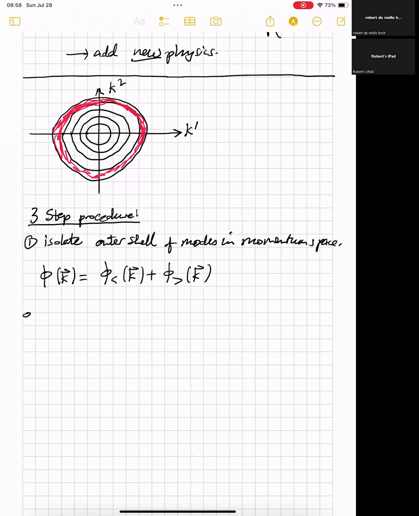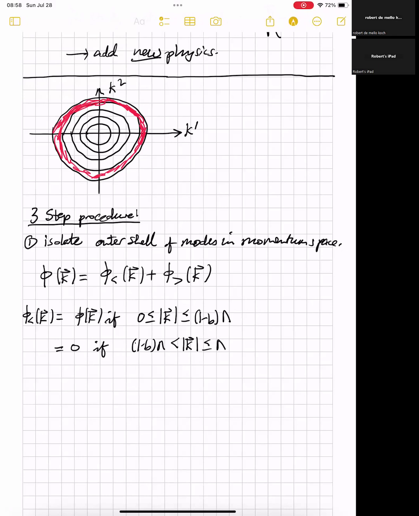And what does this look like? Phi less than of k will be equal to phi of k if the magnitude of k lies between 0 and 1 minus b lambda, and it's equal to 0 if the magnitude of k lies between 1 minus b lambda and lambda.